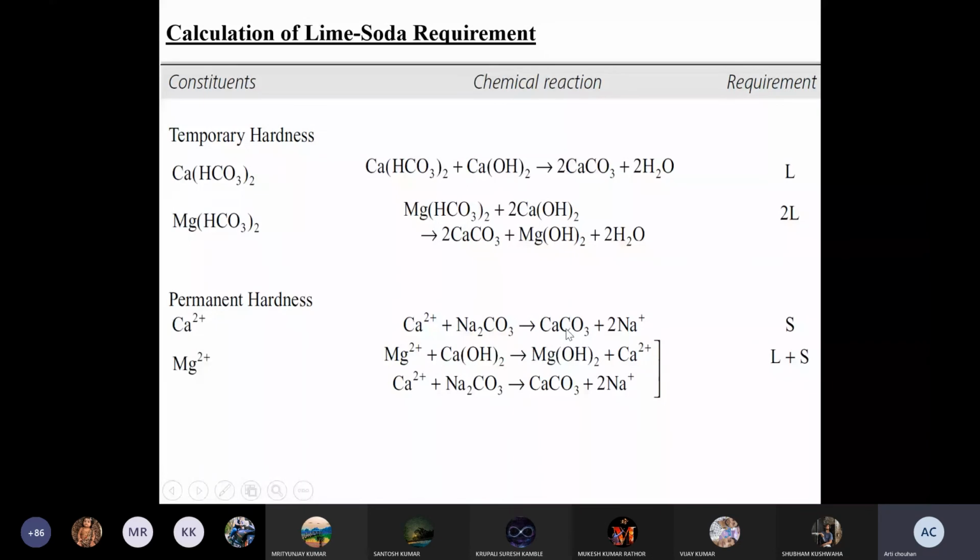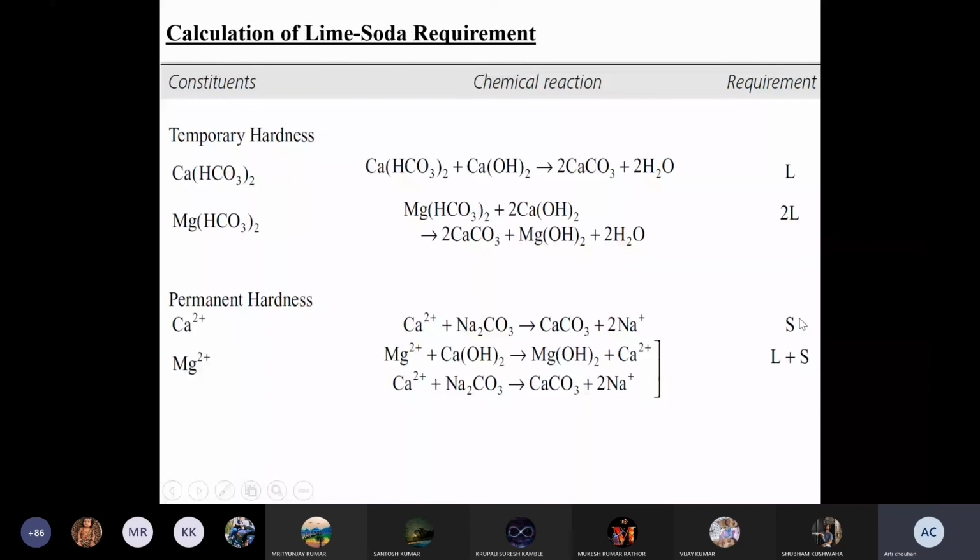NaCl does not impart any hardness and will not cause any trouble to our boiler. So now your water is freed from hardness. For calcium permanent hardness it will require 1 soda, which is why 1S is written in the requirement column.